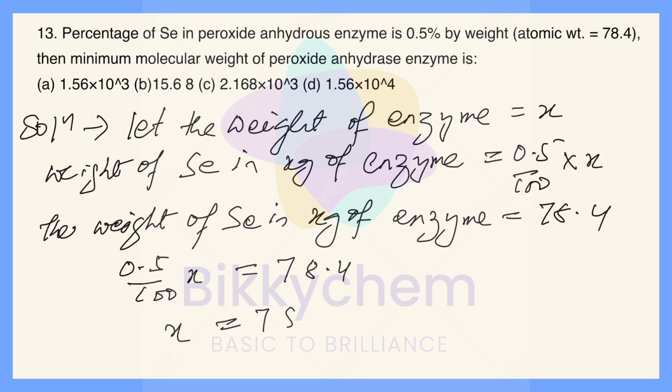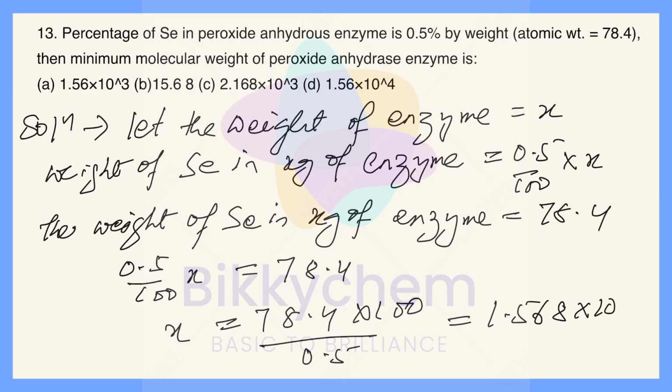So x is equals to 78.4 into 100 divided by 0.5, which is equals to 1.568 into 10 to the power 4. So if you see this option, then the option D.